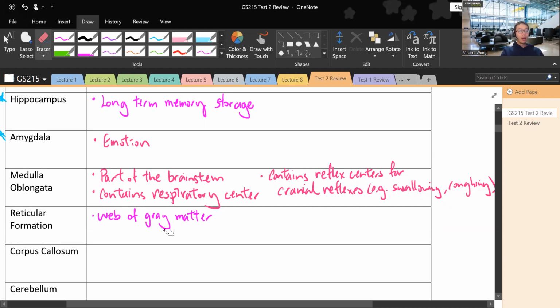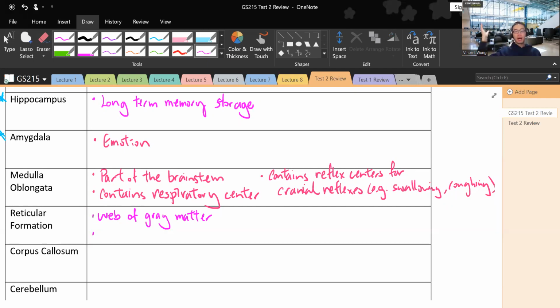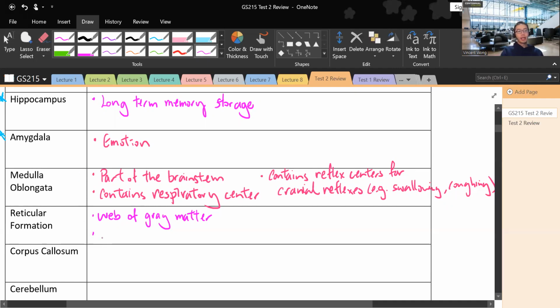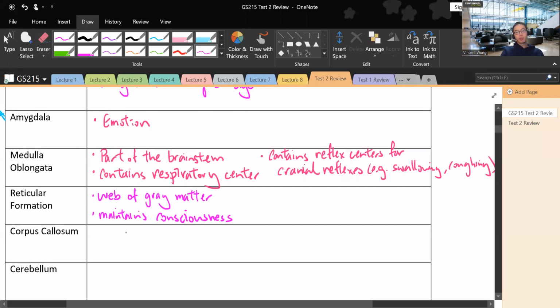So there's a web of gray matter that constantly receives signals from various sensory inputs and sends them up to your cerebrum. By doing that, it maintains consciousness. Even when you are sleeping, you can wake up anytime because the reticular formation is still receiving all these sensory inputs at a background level.